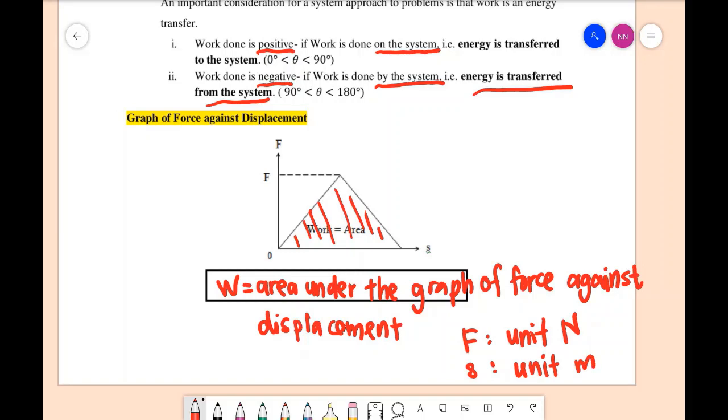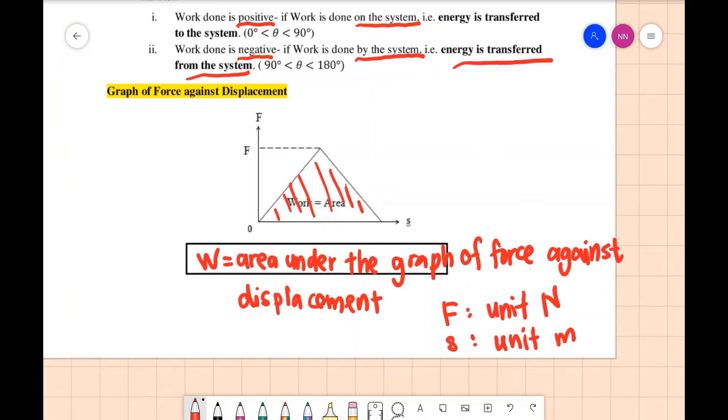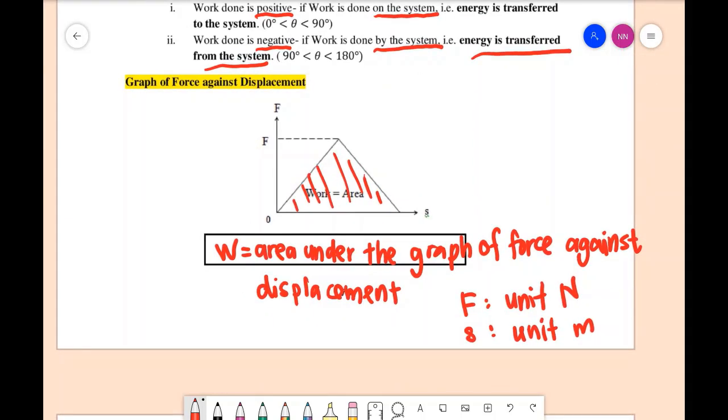If force is given in kilonewton, you must convert to Newton. If displacement is given in another unit such as centimeter, you must convert it to the SI unit, which is meter.